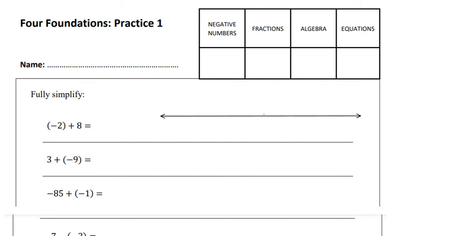And we define numbers to the right of 0 as positive, and numbers to the left of 0 as negative. So we're going to begin at -2, which is here, and we're going to jump 8 spaces to the right.